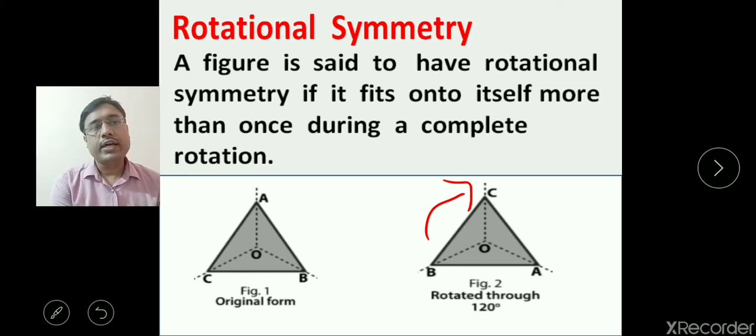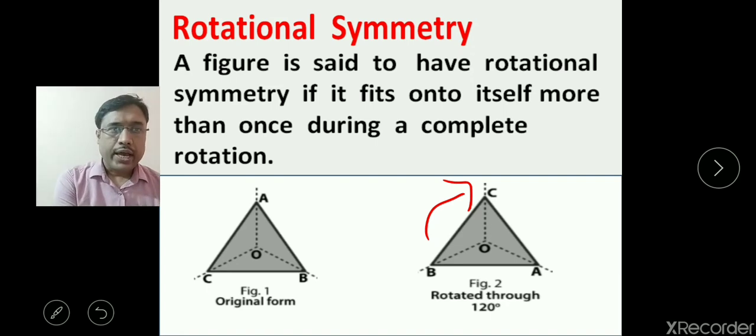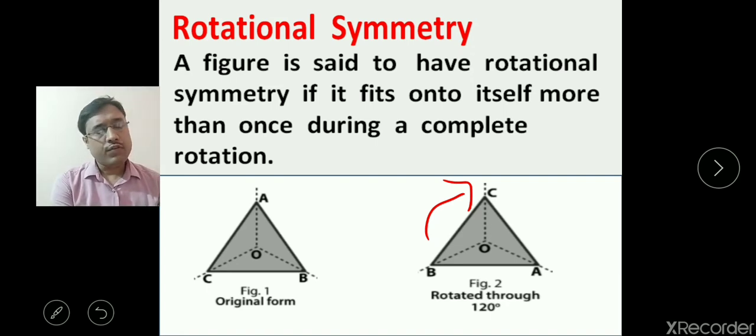So this figure here is rotated through 120 degrees. Similarly, you can rotate through 240 degrees and 360 degrees also, and you will find that the figure will take the same shape. That means it will fit into its original shape, which is the original form in figure number 1.